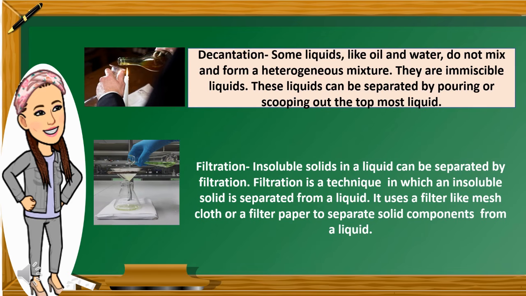In filtration, insoluble solids in a liquid can be separated by filtration. Filtration is a technique in which an insoluble solid is separated from a liquid. It uses a filter like mesh cloth or filter paper to separate solid components from a liquid.